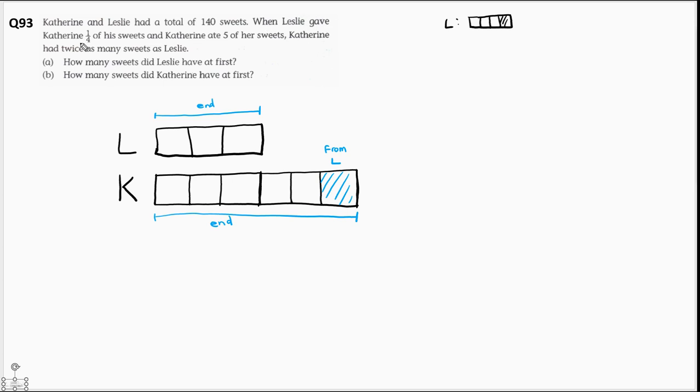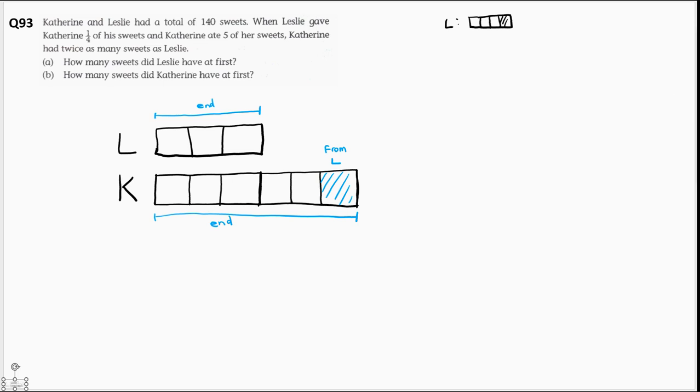And so when Leslie gave Catherine a quarter of his sweets and Catherine ate 5 of her sweets, in this end position she had eaten those sweets. So there's an additional 5 sweets to add on. Now it doesn't matter how you do it.